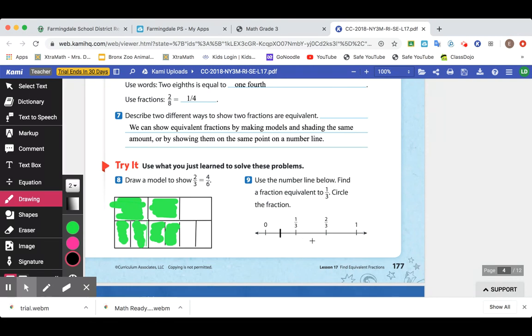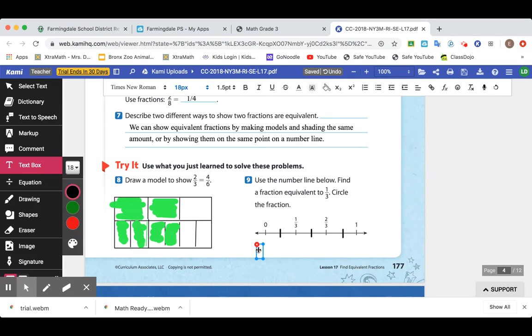So if I cut this third in half, and I cut this third in half, and I cut this third in half, then I'm going to get my typing tool, make it a little easier on myself. So then this would be 0/6, right? Because we have 1, 2, 3, 4, 5, 6 equal pieces now.